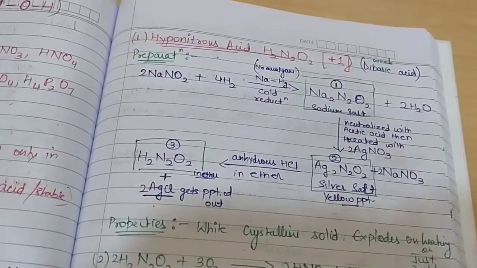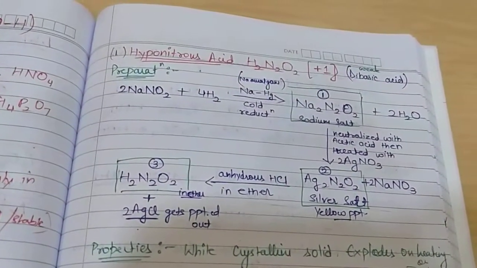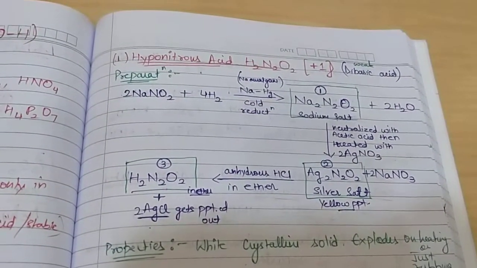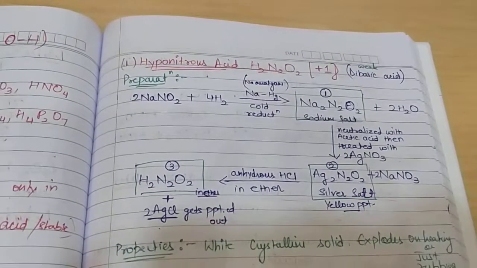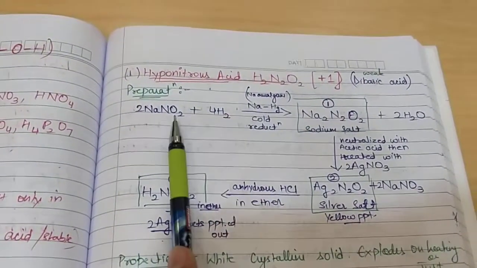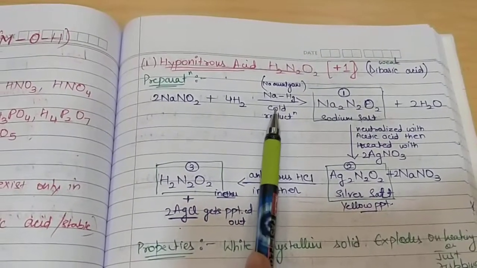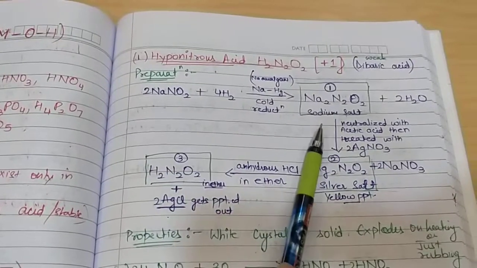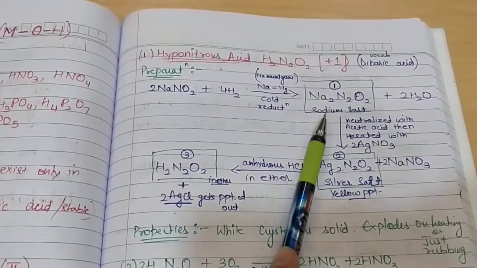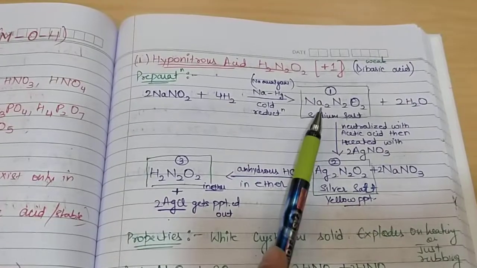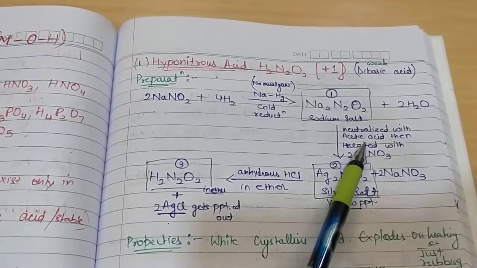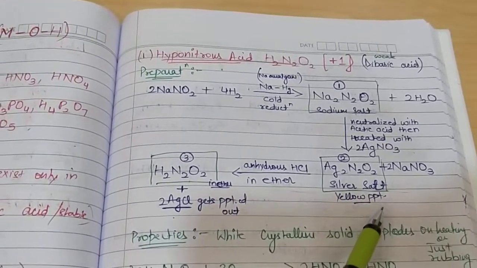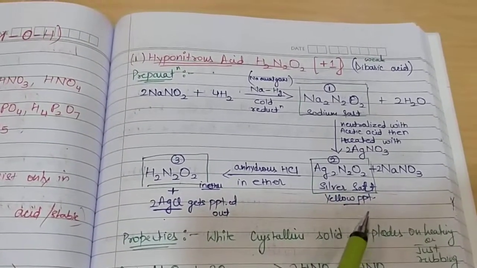Firstly, we are doing hyponitrous acid. It has nitrogen in +1 oxidation state. The structure we have already discussed. It is a weak dibasic acid. It is prepared from sodium nitrite via reduction with sodium amalgam. The reduction is done in cold condition. Firstly, it gets converted to the sodium salt of hyponitrous acid, then it is neutralized with acetic acid and treated with silver nitrate, which converts it to the silver salt of hyponitrous acid, a yellow precipitate.